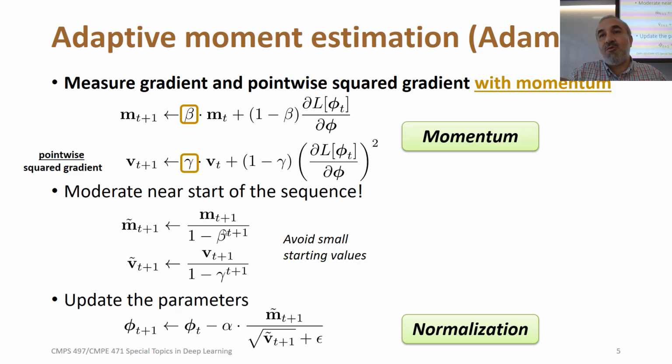Because initially, usually we initialize the gradients with 0. So it will be small, very small. If we don't do this modification, the values will be very small at the beginning, which means that the updates that we will do will be very small. Remember when we said that usually, or more logically, in the beginning we need to do more exploration.